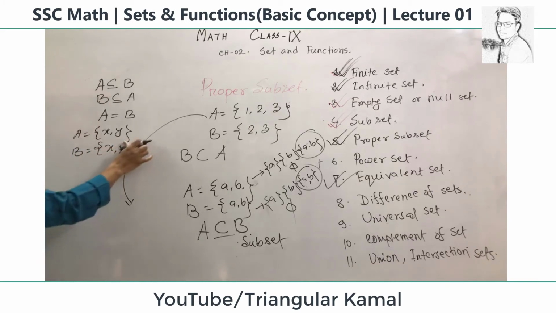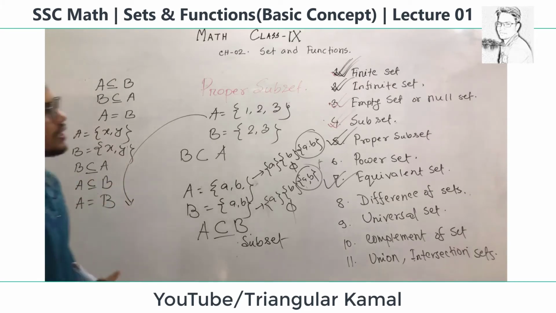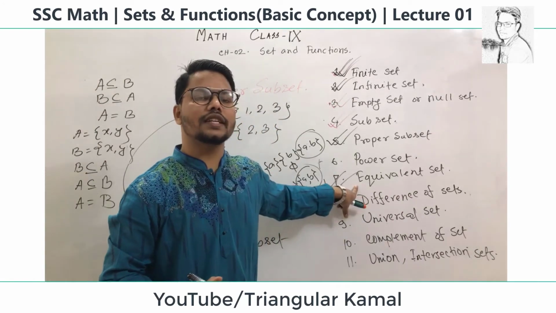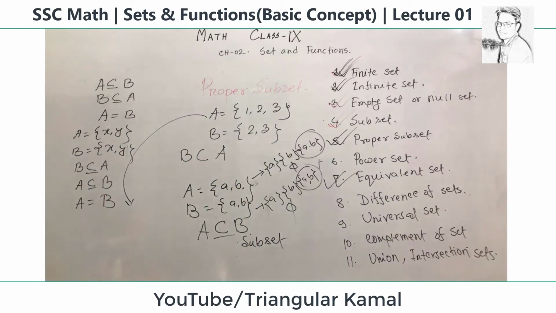In this case we can write B is a subset of A and A is a subset of B. So this condition shows us A is equivalent with the set B. So dear students, now I think this concept is clear. Okay, thank you sir.